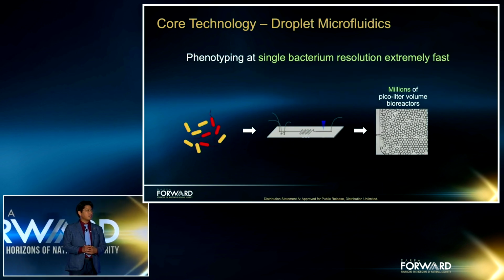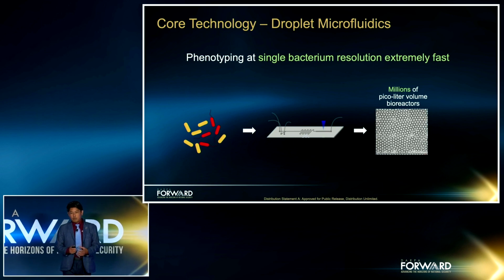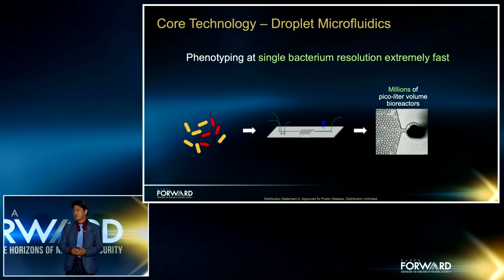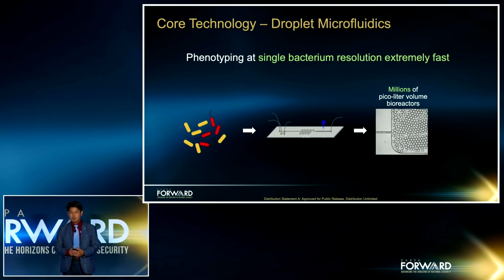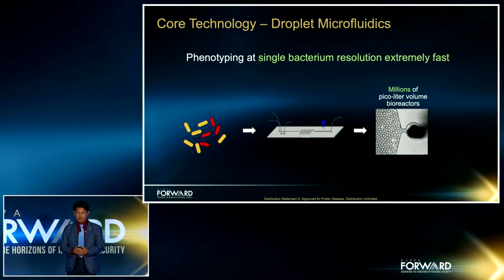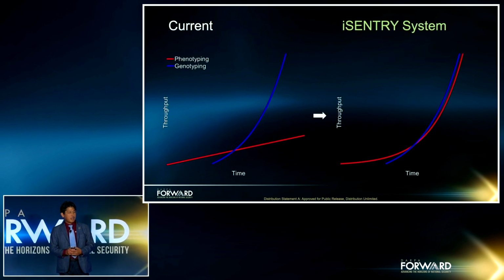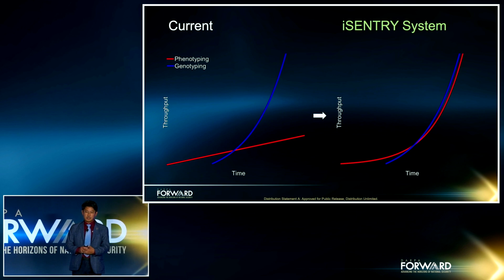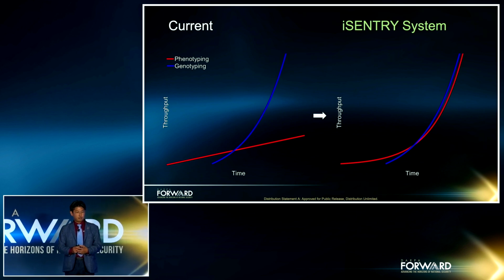So what does this chip do? Our droplet microfluidics approach utilizes millions of picoliter volume bioreactors. These bioreactor sizes are smaller than the diameter of a human hair, where each of these droplet bioreactors can encapsulate single cells and then be interrogated extremely fast. In the past decade, genotyping, so obtaining genetic information from cells, has rapidly grown in terms of throughput.